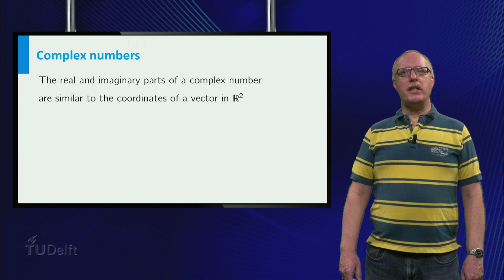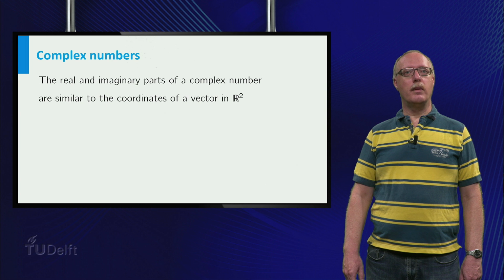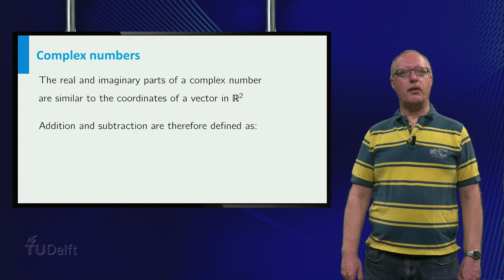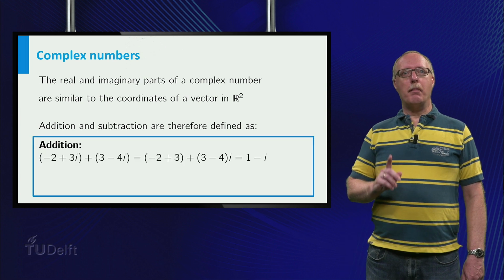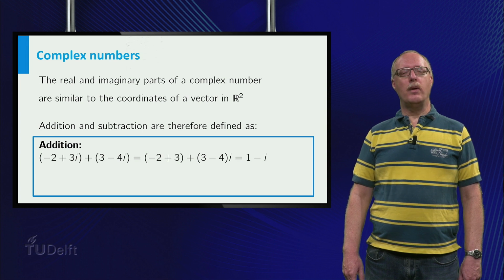The real and imaginary parts of a complex number are similar to the coordinates of a vector in R2. This implies that addition and subtraction are defined component-wise. For instance, minus 2 plus 3i plus 3 minus 4i is equal to minus 2 plus 3 plus 3 minus 4 times i, which is 1 minus i.